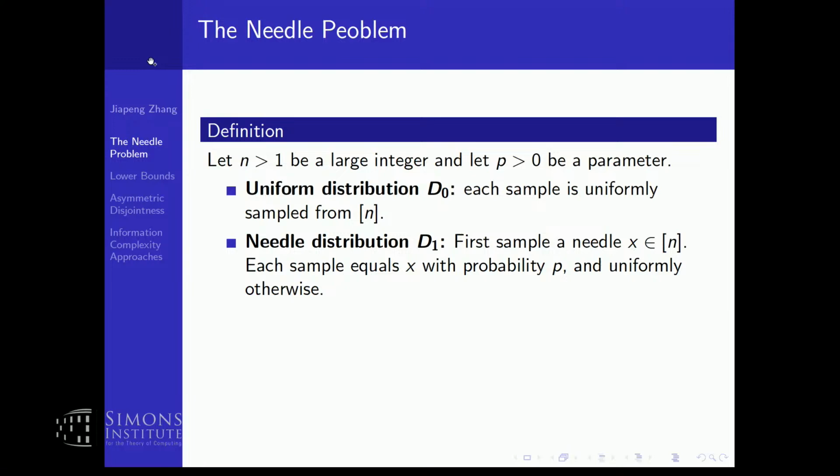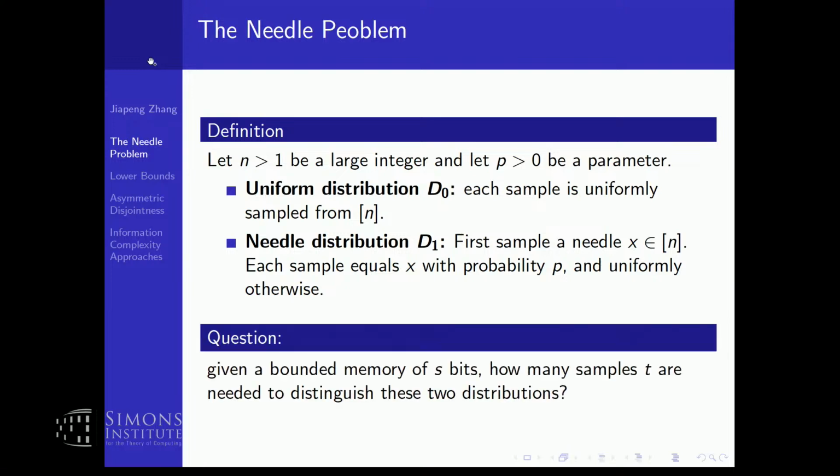So there are two distributions, and the goal is to distinguish them. The question is, given bounded memory, how many samples do we need to distinguish these two distributions? I hope it's clear. If you have any questions, feel free to ask.